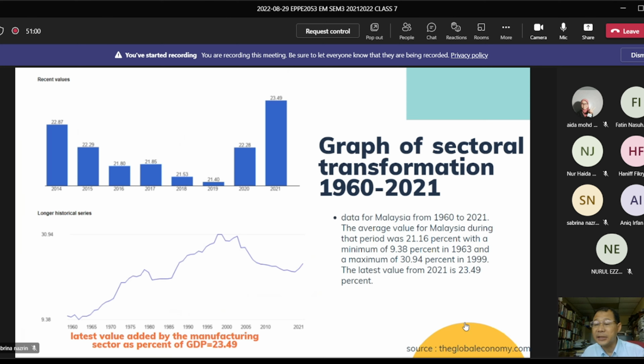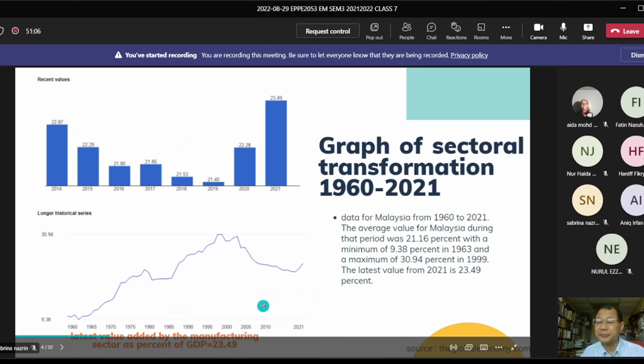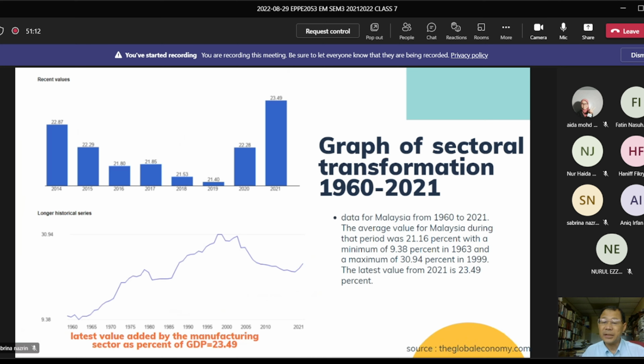You can see this was going up, and you notice that until 1985 it was flat and going up again, and then sometime from 2002 or 3, the value added has gone down.